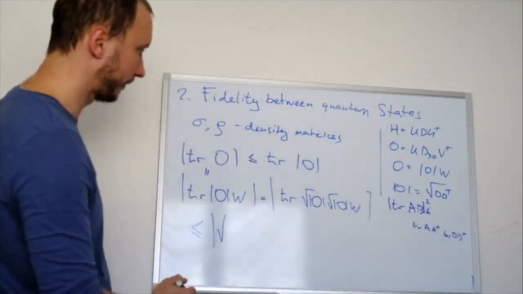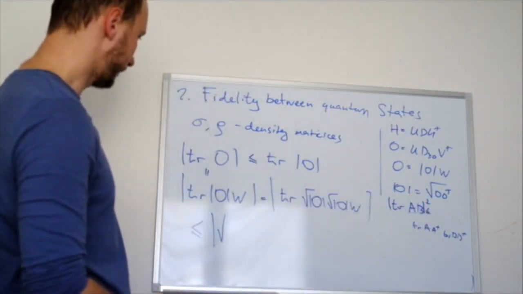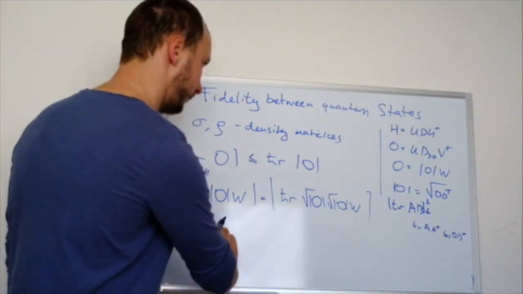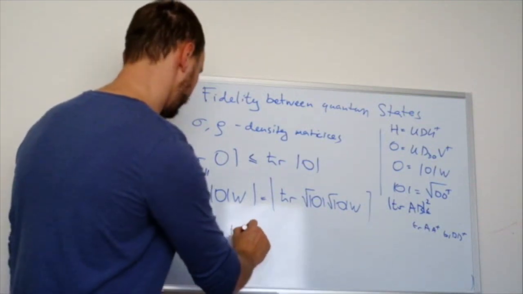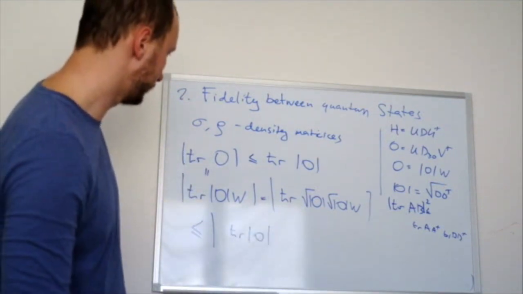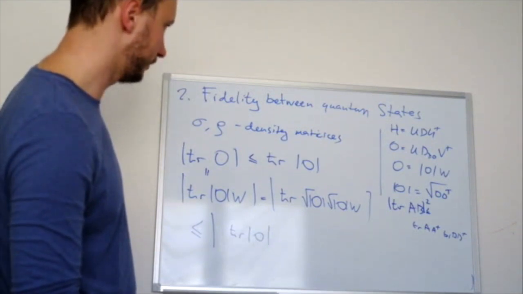We need the absolute value for this. Well, not, because the inequality still holds without it. So we get the trace of O.